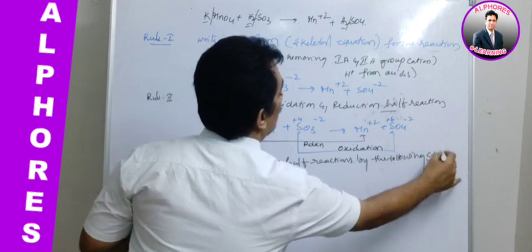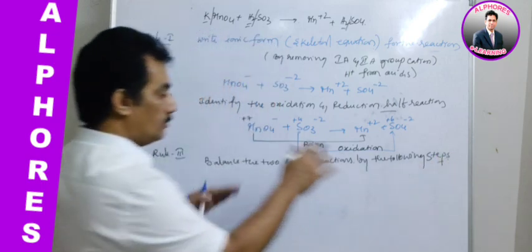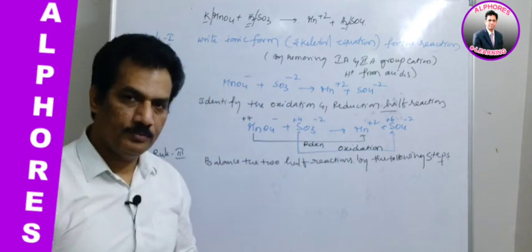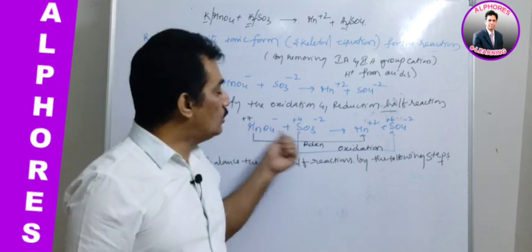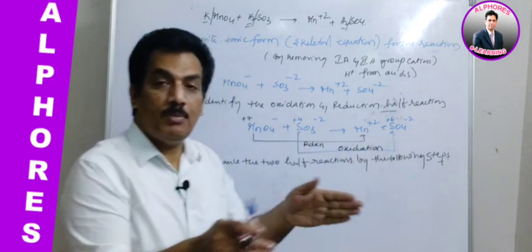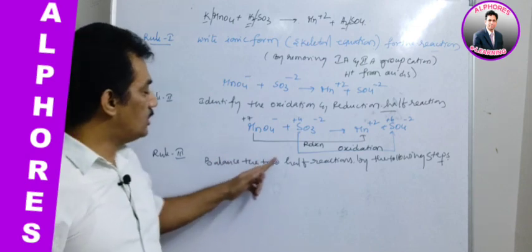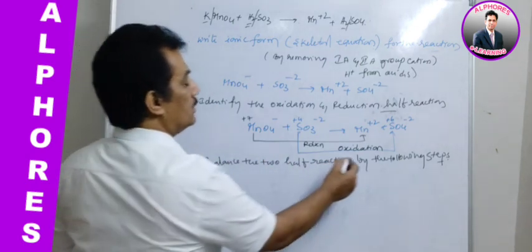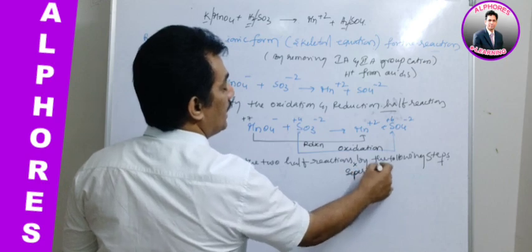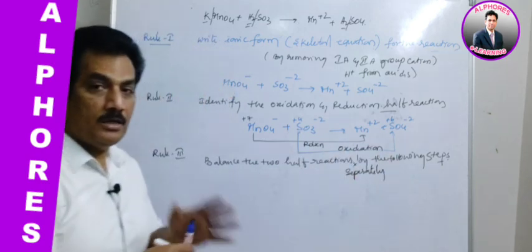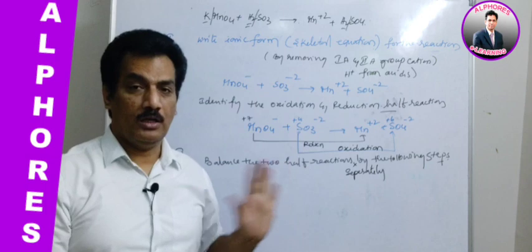That means rule number 3 is having some steps to follow. So by following the steps, we have to balance the two half reactions separately. We have to balance these two separately, not combinedly, by following steps.